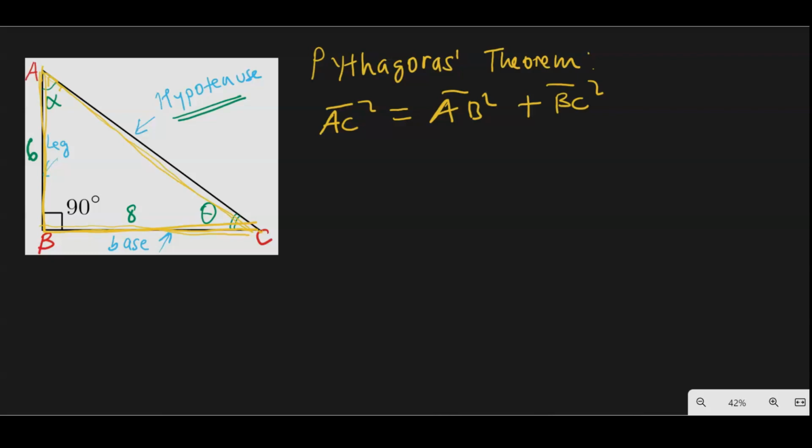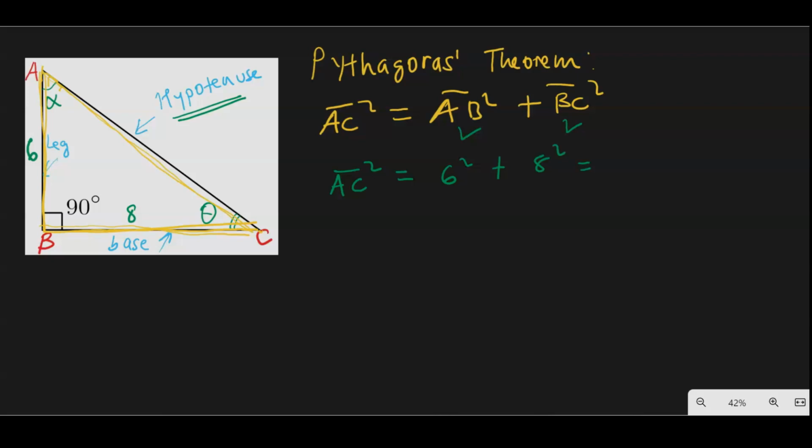Using the Pythagoras theorem, we know AB is given, BC is given, so we can calculate AC square. AC square equals AB, which is 6 square, plus BC, which is 8 square.